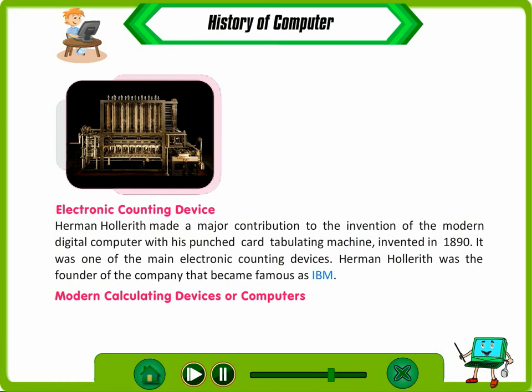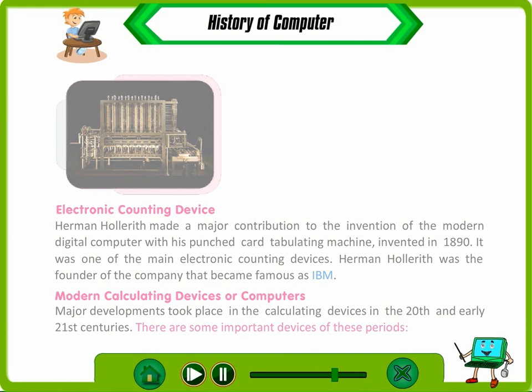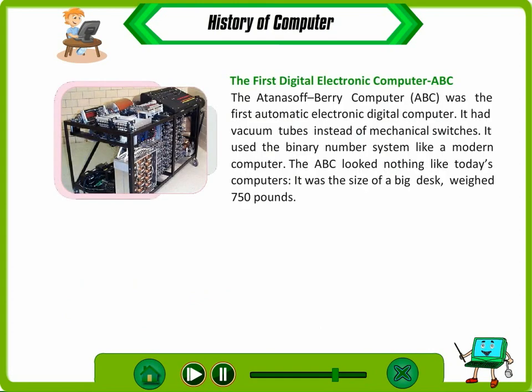Modern calculating devices or computers. Major developments took place in the calculating devices in the 20th and early 21st centuries. There are some important devices of these periods. The first digital electronic computer, ABC.